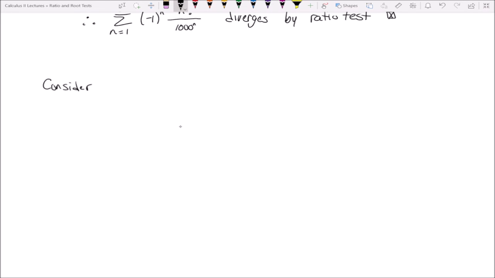We will once again consider the series a sub n, except now we're going to say rho is the limit as n approaches infinity, nth root, absolute value of a sub n.